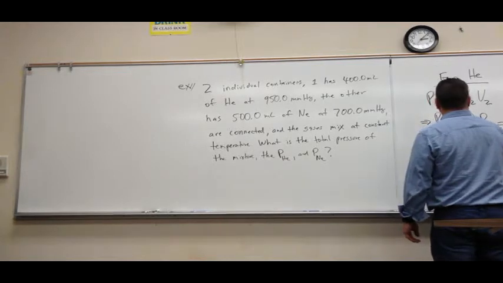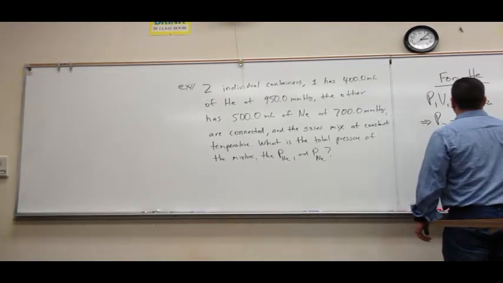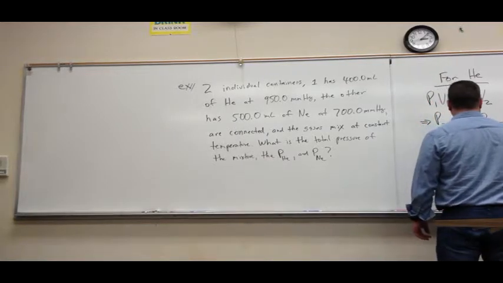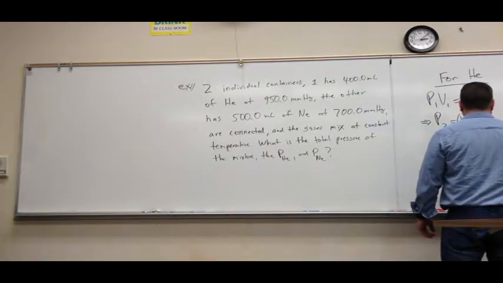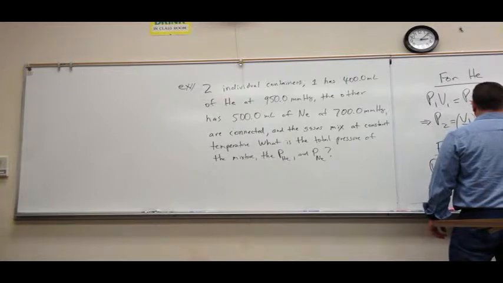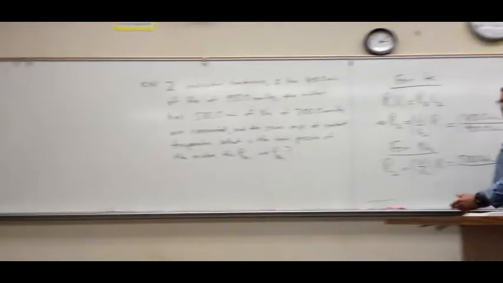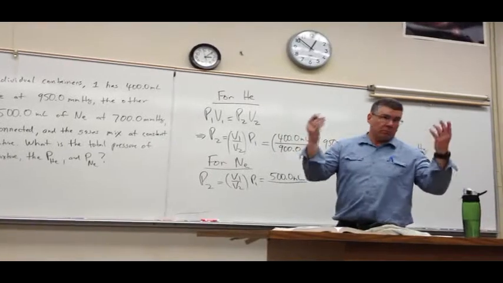Neon. Why don't we convert that to liters or pascals? You don't need it. The initial volume was 500 mils. The final volume was also 900 mils because they're in the same container now.